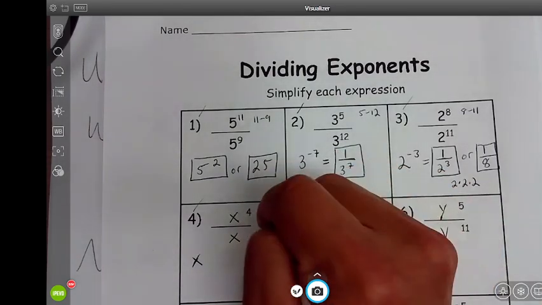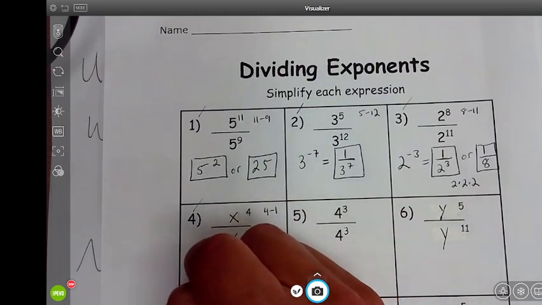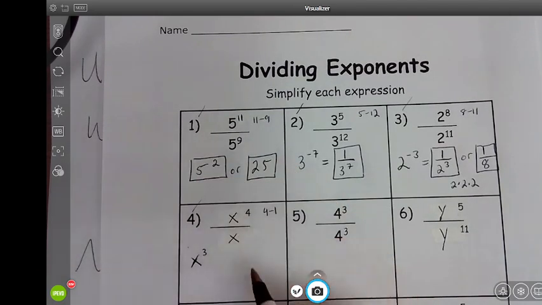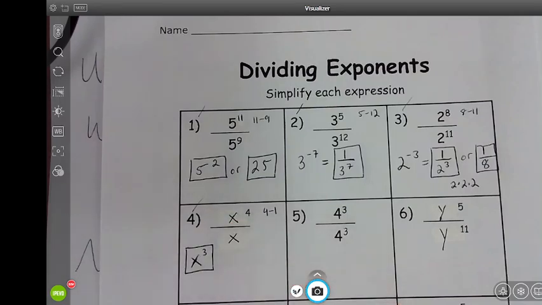Okay, so I'm doing 4 minus 1. 4 minus 1 is 3, so it's going to be x to the third power. No negative exponents. Okay, so just like in number 1, no negative exponents, I can just leave it as x to the third power. Okay, if you get a negative exponent when you subtract, right, then you're going to need to rewrite that as a fraction.